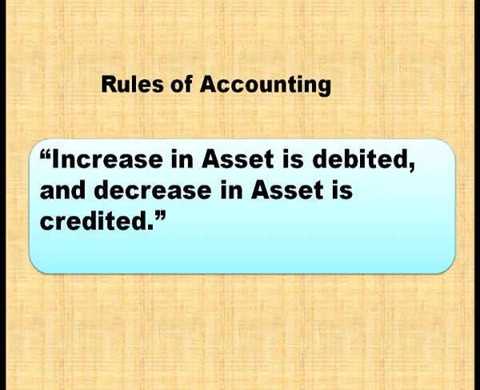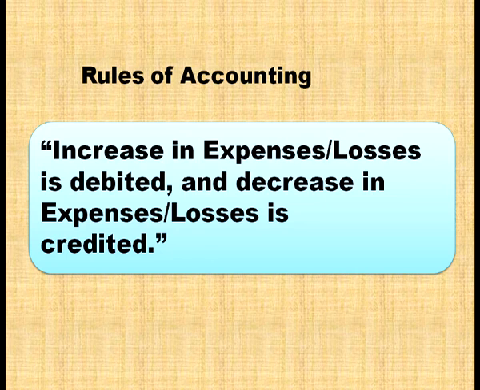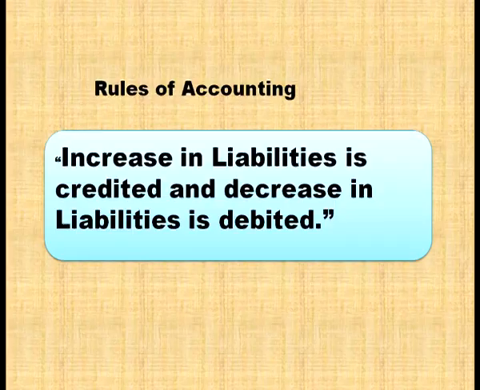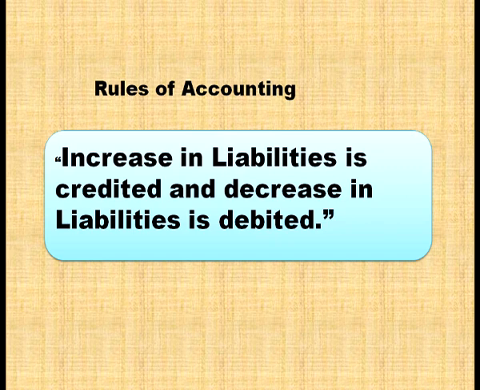Increase in asset is debited and decrease in asset is credited. Increase in expenses or losses is debited and decrease in expenses or losses is credited. When we are discussing about liabilities, this is the rule. Increase in liabilities is credited and decrease in liabilities is debited.